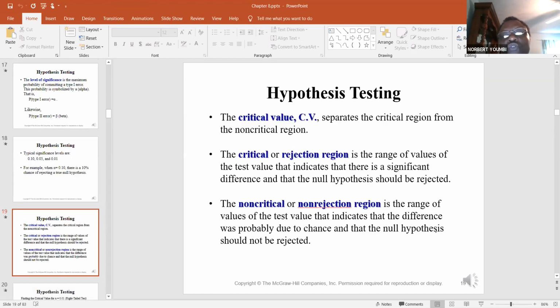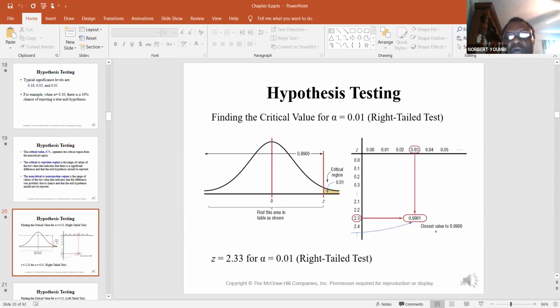So I explained to you the critical region and the critical values. As we go on with some examples, we are going to come back to it. For example, for alpha equal to 0.01, let's find the critical region for a one-tailed test.